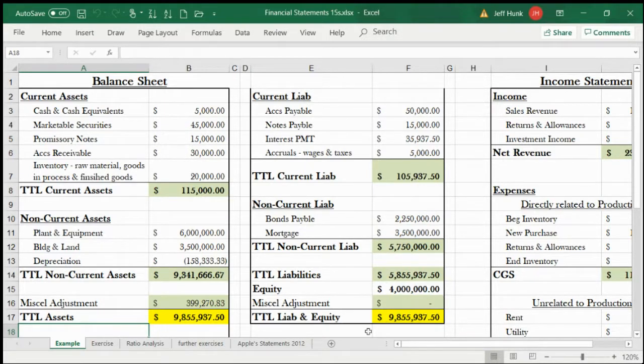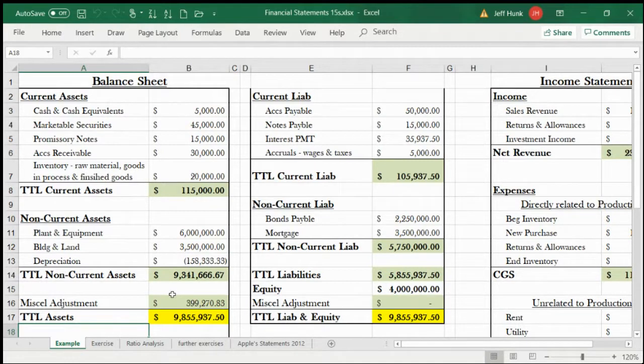In other words, the asset side is showing you how that $9.88 million capital is held, and in what form it is held, right?